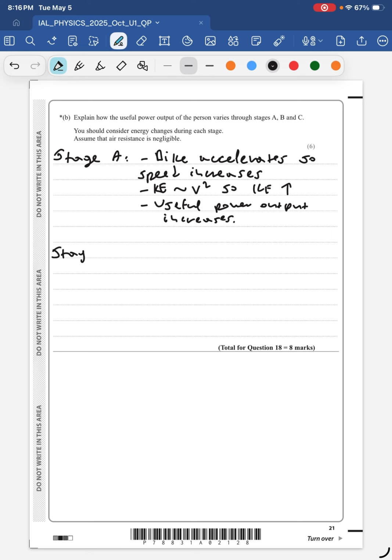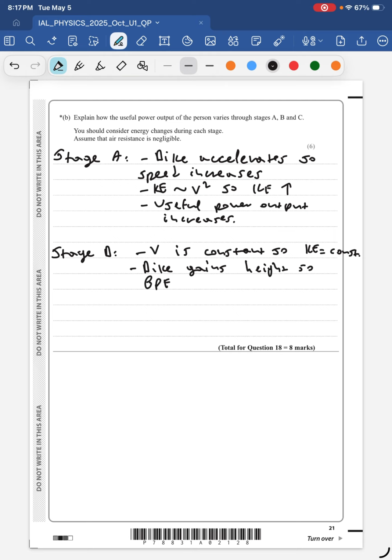Stage B. Okay. So v is constant. So the kinetic energy is constant, right? The bike gains potential energy, so it gains height.